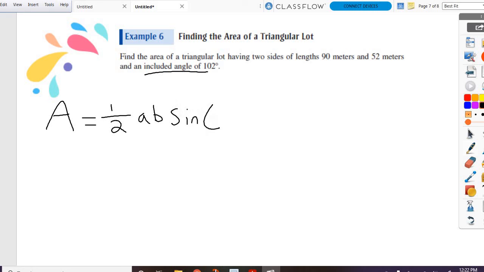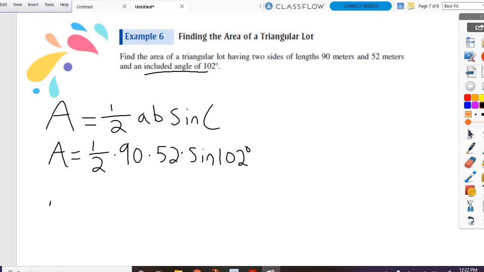We're basically going to be using that formula. We're going to plug our 90 and our 52 in, and then our 102 in for our angle. And then we plug all of that into our handy dandy calculator.